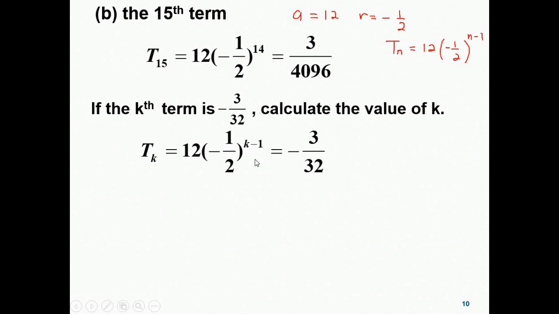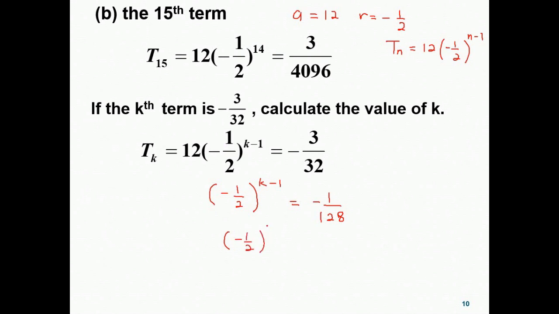Then simplify this. -3/2 divided by 12, then we have -1/2 to the power of k minus 1 is equal to -1/128.